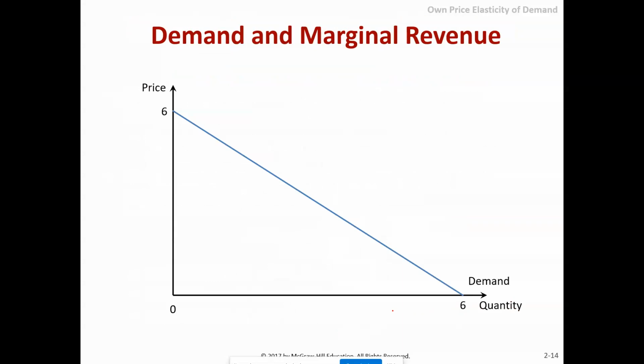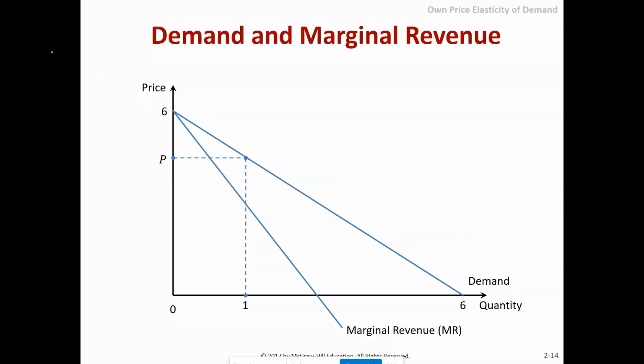Now here's a graphical expression. We have price and demand, and when a given quantity is offered, this is the corresponding marginal revenue.